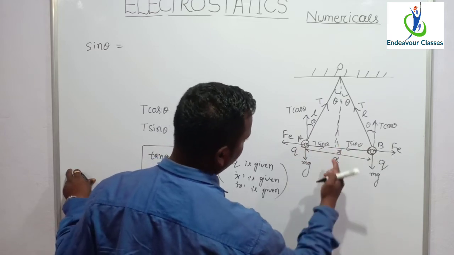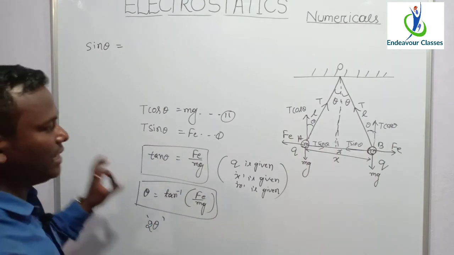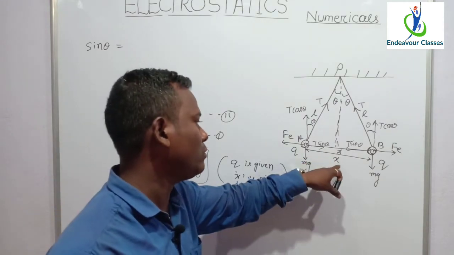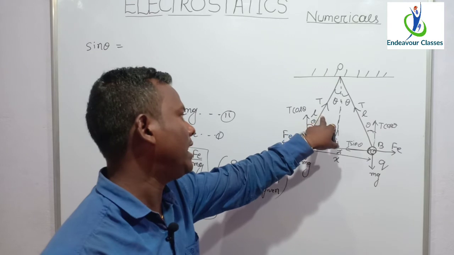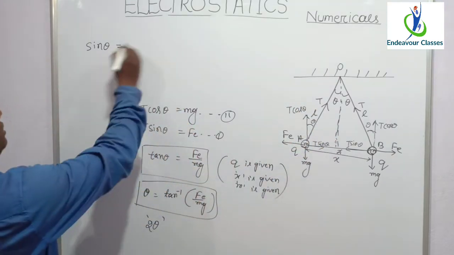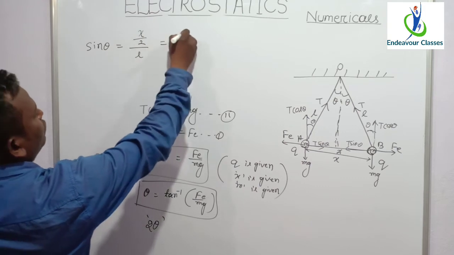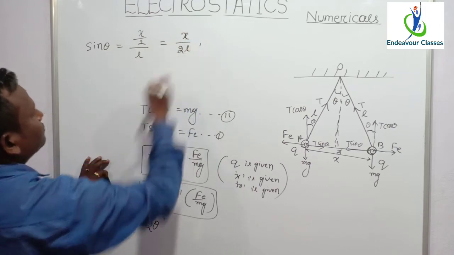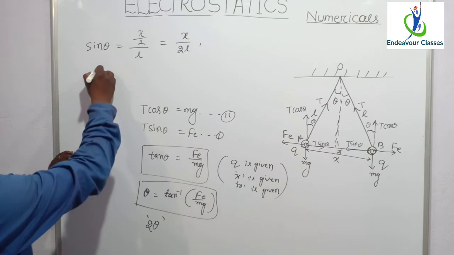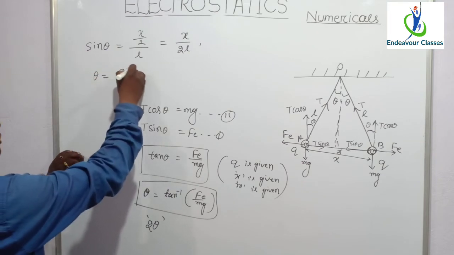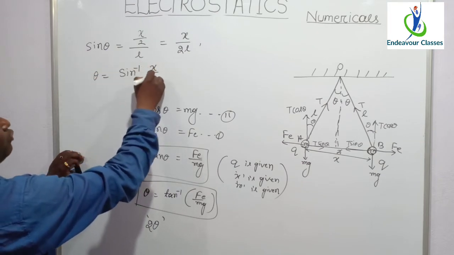So sin theta is x by 2 divided by the hypotenuse L, which is x by 2L. Or you can say theta equals sin inverse of x by 2L.